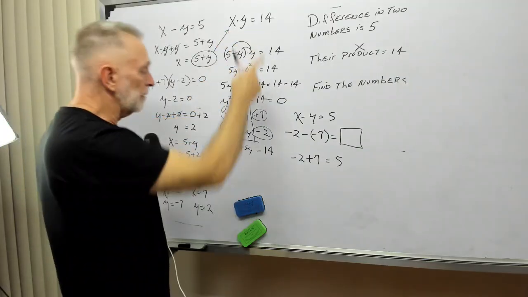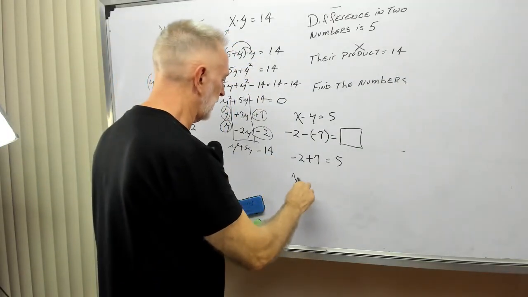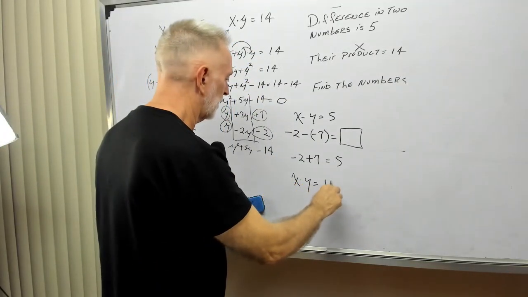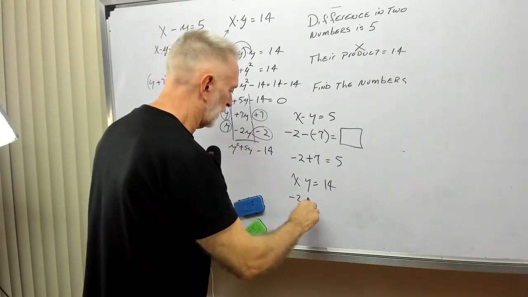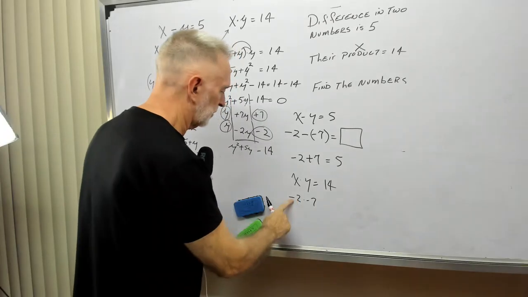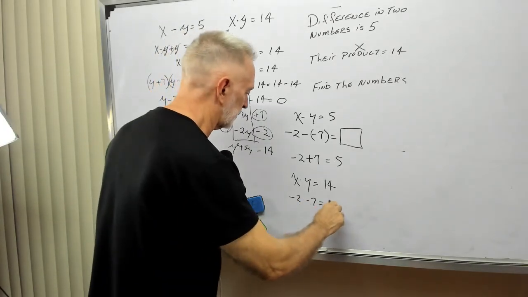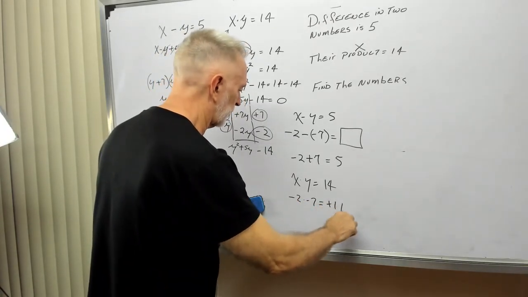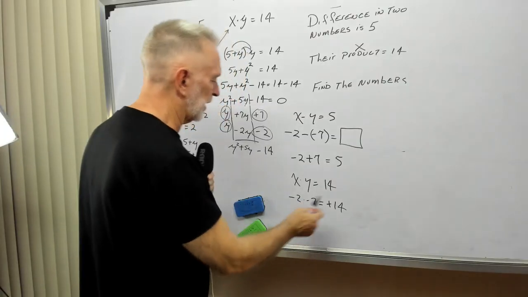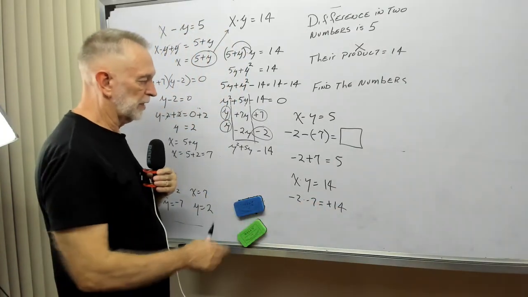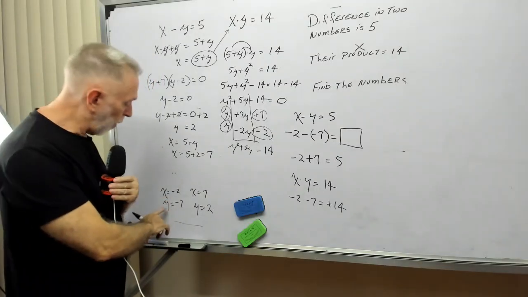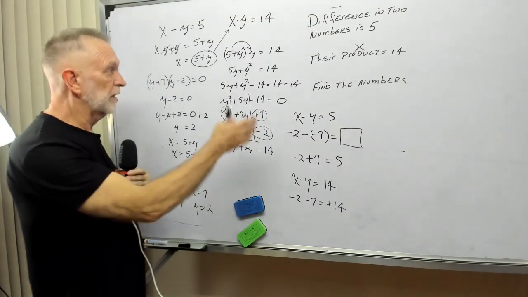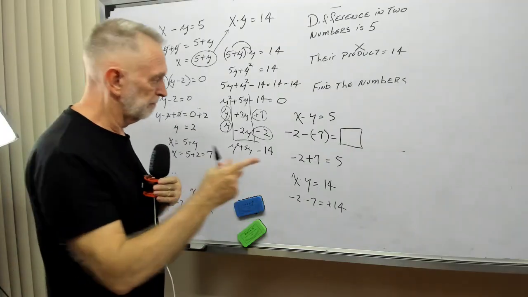Now, X times Y is supposed to equal 14. So negative 2 times negative 7. Negative times negative is a positive. 2 times 7 is 14. So negative 2 times negative 7 gives me 14. So that is a solution.